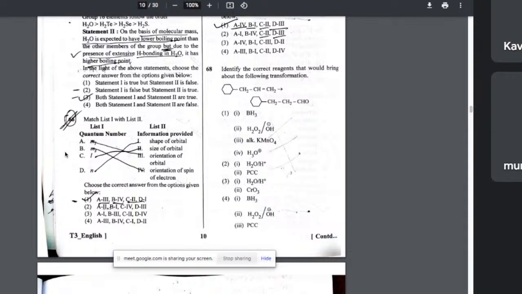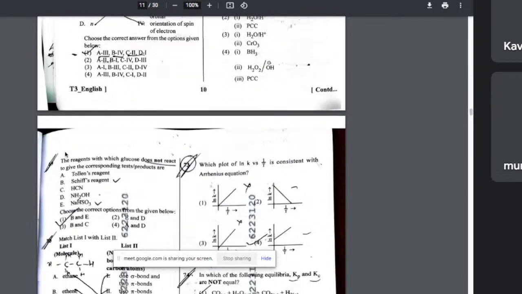A 1 degree alcohol will form, but that will get converted into carboxylic acid, because KMnO4 is a strong oxidizing agent. Second, H2O is acid hydrolysis. Acid hydrolysis of alkenes gives the product through Markovnikov's rule, meaning a 2 degree alcohol forms. That is also not correct. The third is also not correct. The fourth one is the correct answer.